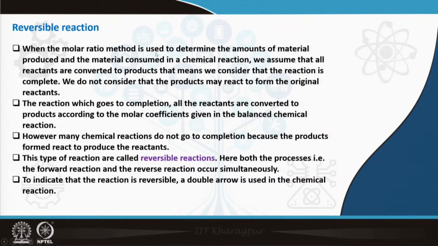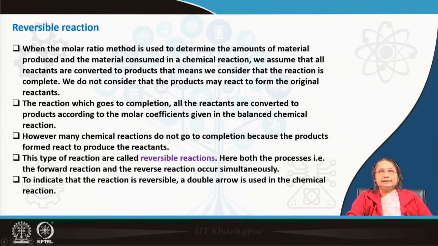So, in the molar ratio method, when we want to determine the amounts of material formed and consumed in a chemical reaction, we assume that all reactants are converted to the products. That means 100% conversion. We never consider that the products may react to form the original reactants also. But in most cases, the reaction does not go to completion.